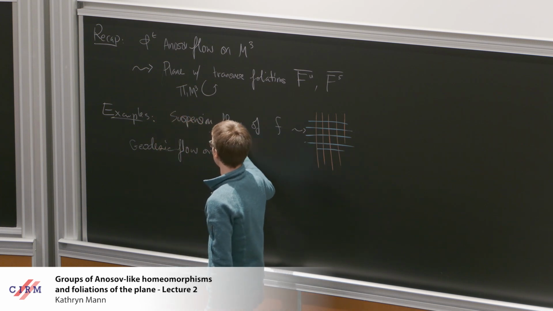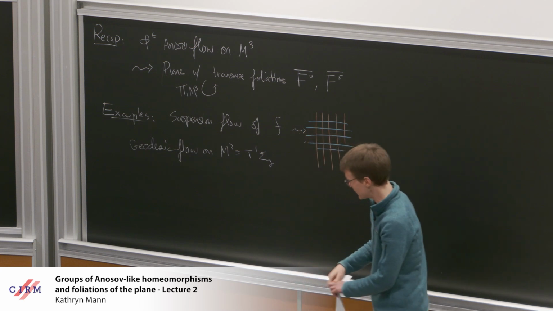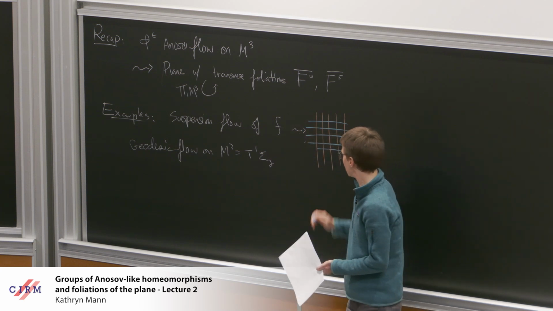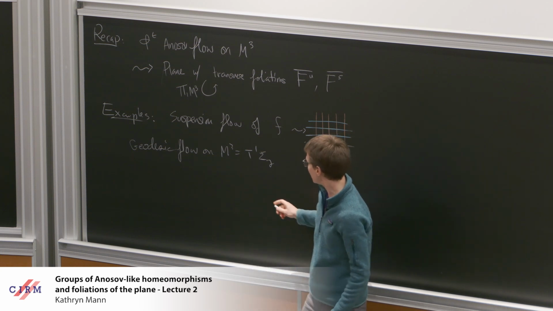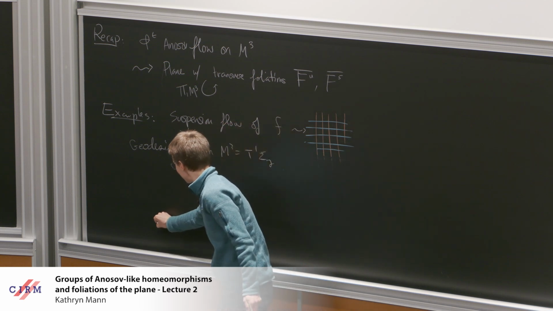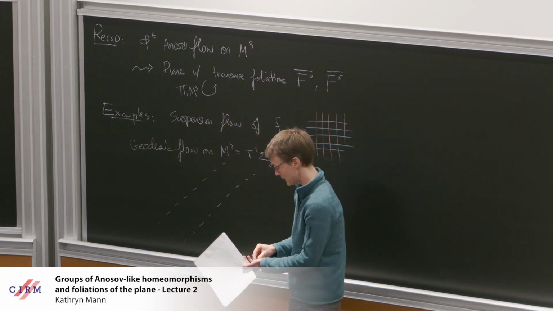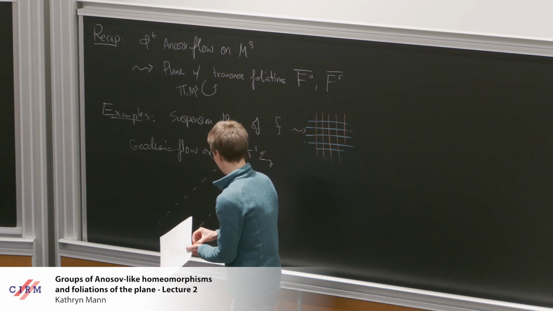Okay. Geodesic flow on the unit tangent bundle of a hyperbolic surface, for whichever surface this is and whichever hyperbolic metric, gives you something that is not the trivial plane. Instead, one way to realize this is you take an infinite diagonal strip, and give it the horizontal and vertical foliations.